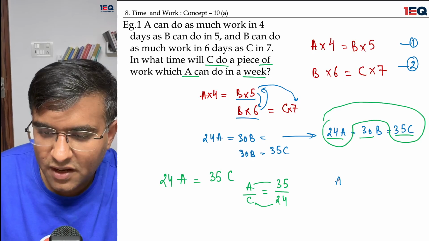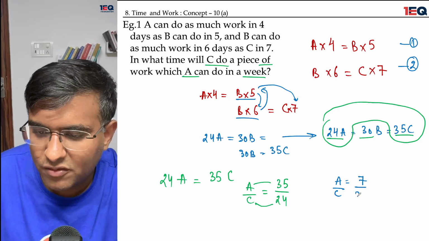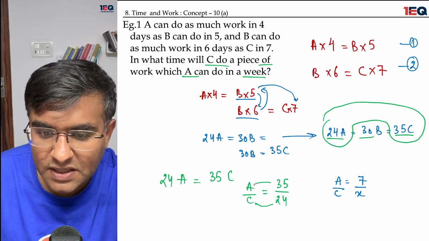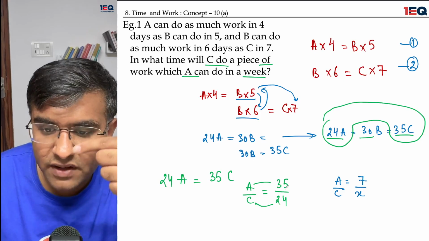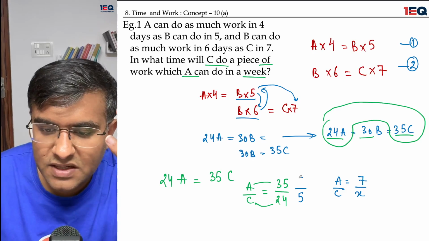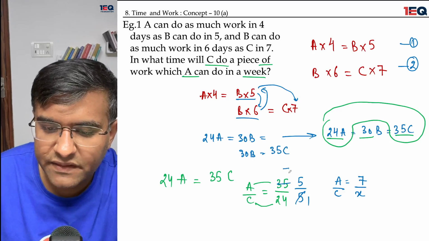If I have the value of A by 7, then I have to find out C upon X. To make the number of days A is working 7, I need to divide both sides by 5, 5 in the numerator as well as 5 in the denominator. 5 sevens are 35.